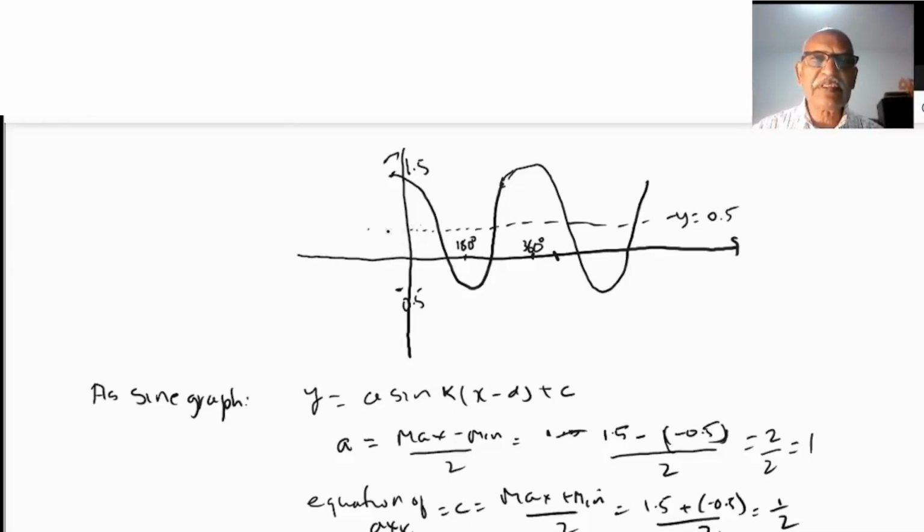Okay, so this is 0.5. It means from here to here the amplitude is 1. We have seen the amplitude.